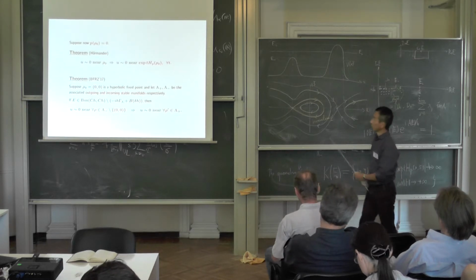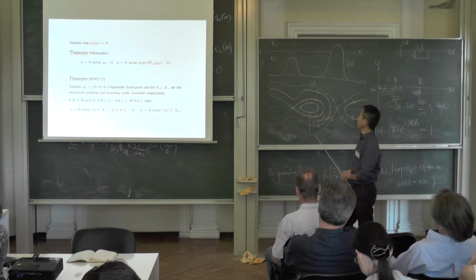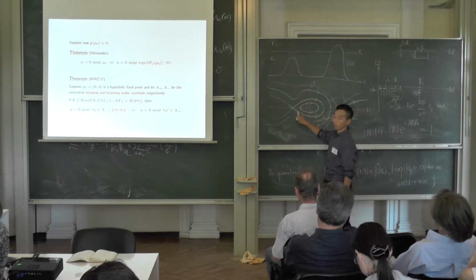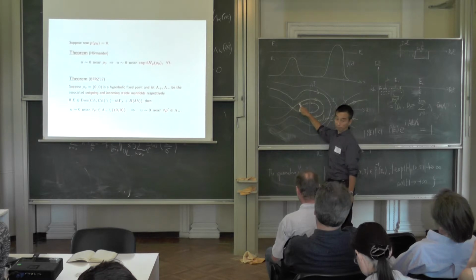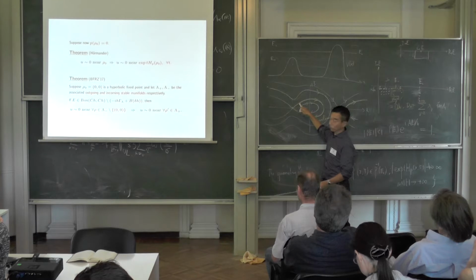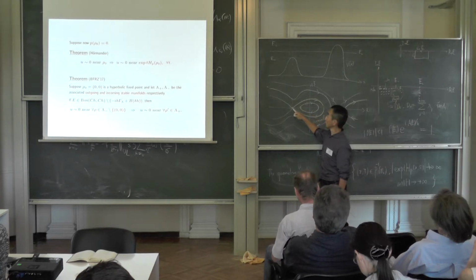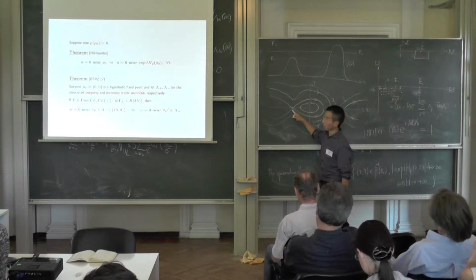The problem is that if u is 0 at some point, is it possible to say that it is 0 also here? Hörmander's theorem says nothing because the Hamiltonian flow cannot go through the fixed point. It stops before the fixed point.